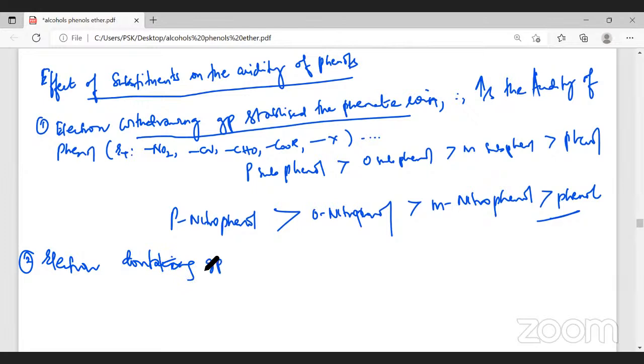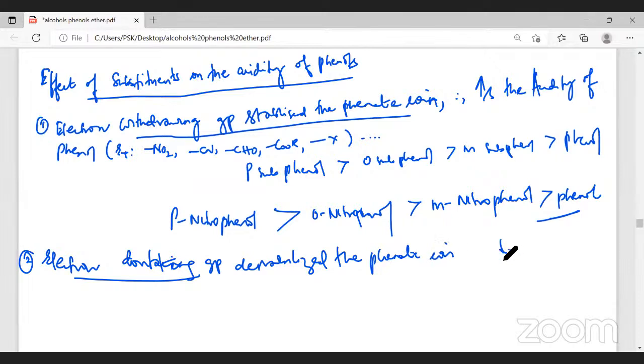Electron donating groups destabilize the phenate ion. Since it destabilizes the phenate ion, it decreases the acidity of phenol.